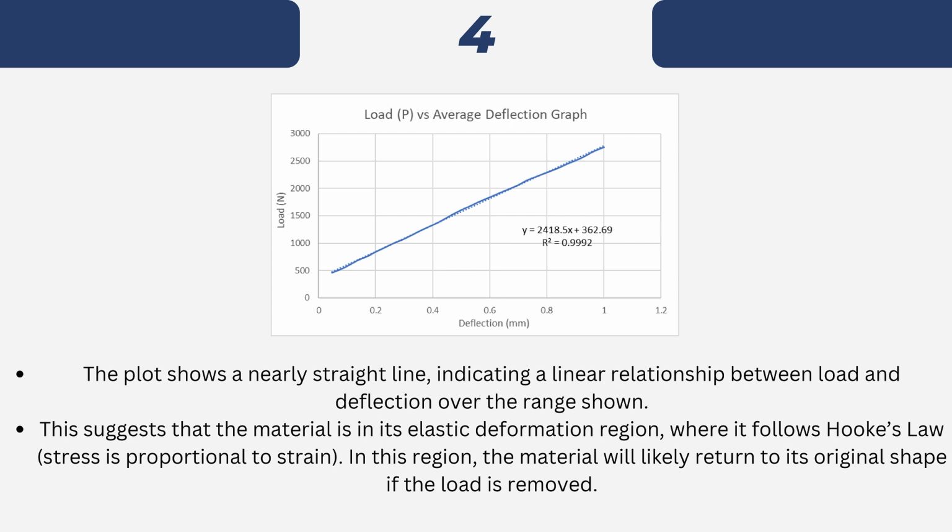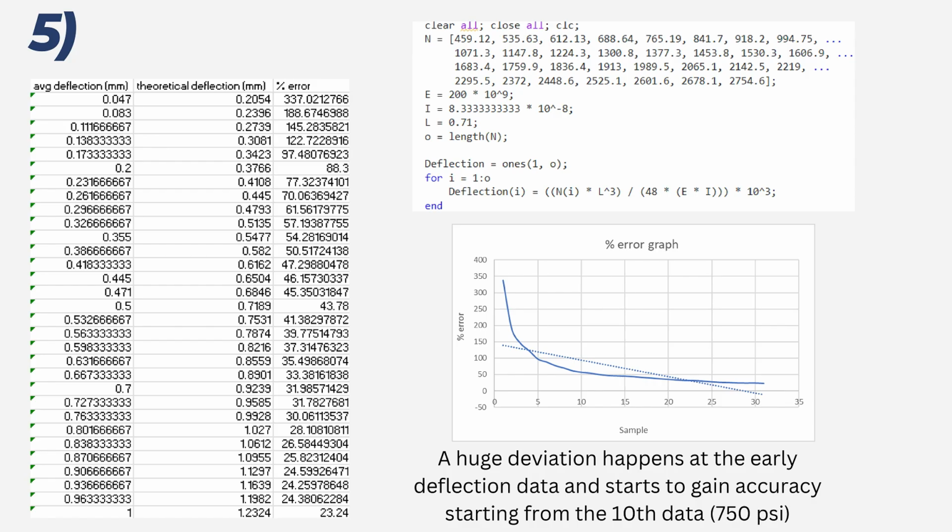As the graph gives a linear relationship between the load and the deflection over the range shown, this suggests that the material is in the elastic deformation region, where it still follows Hooke's law and will likely return to its original shape when the load is removed, so it has not entered the plastic deformation stage.